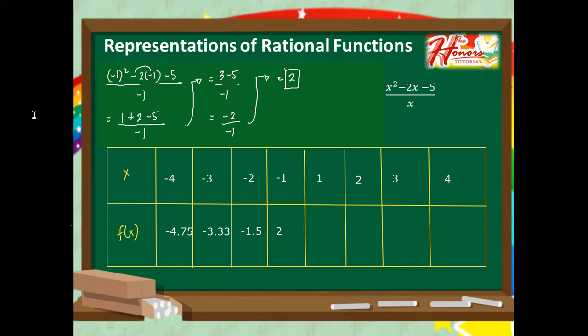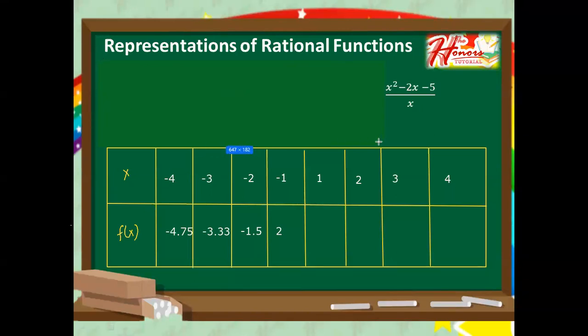Next, let's have 1. So we have here 1 squared minus 2 times 1 minus 5 over 1. 1 squared is 1.